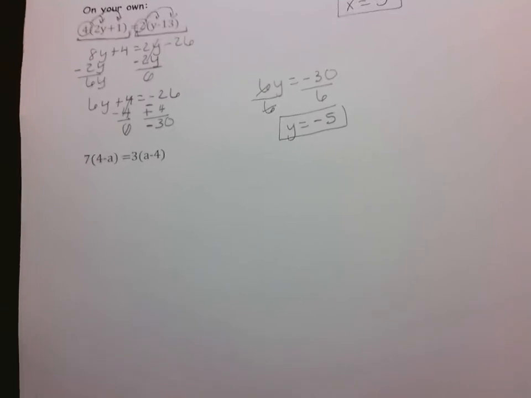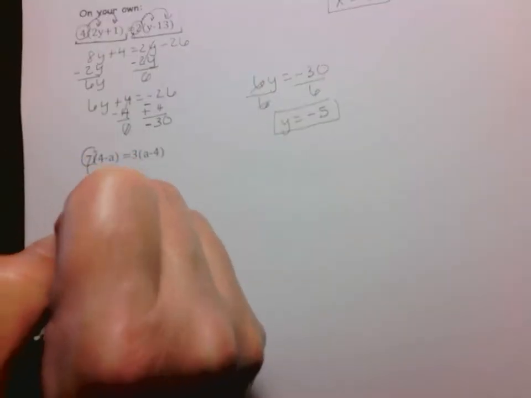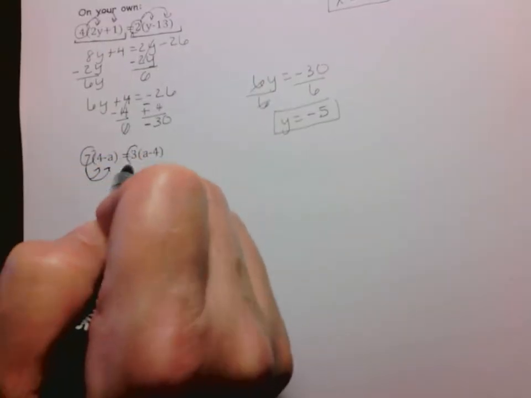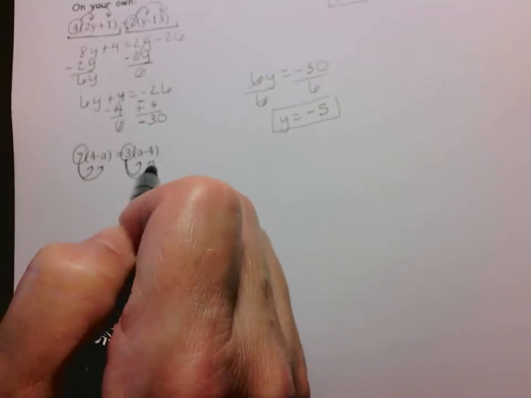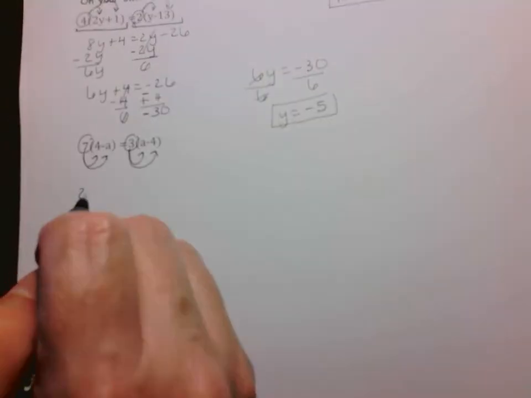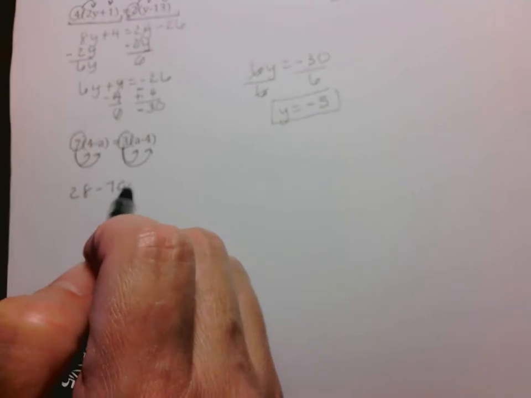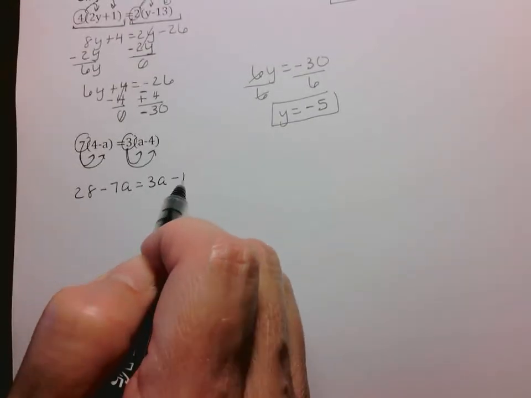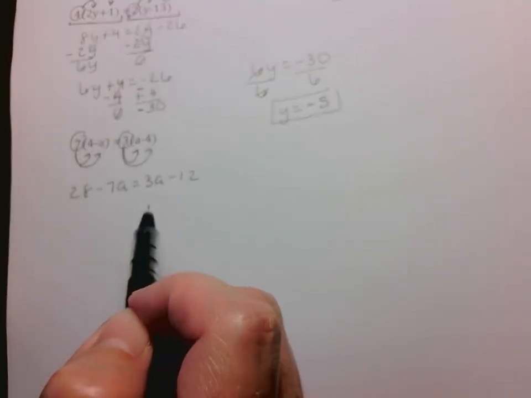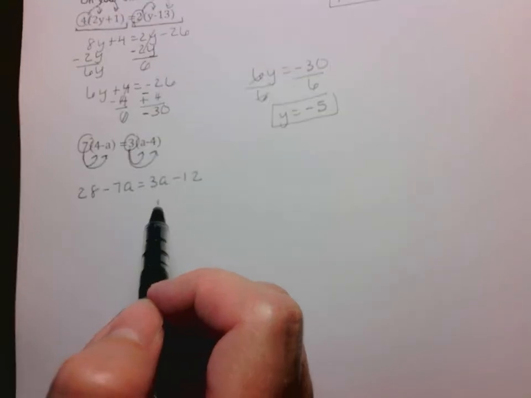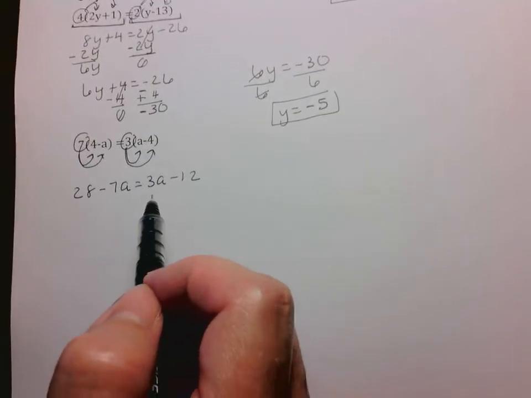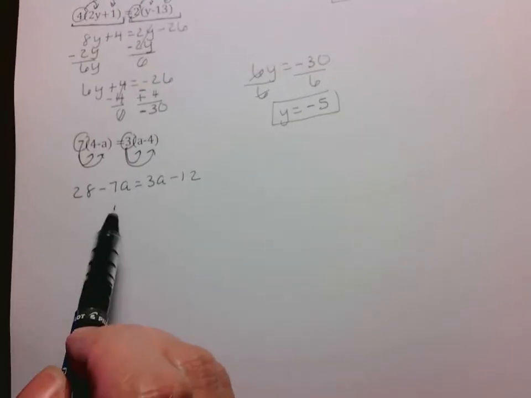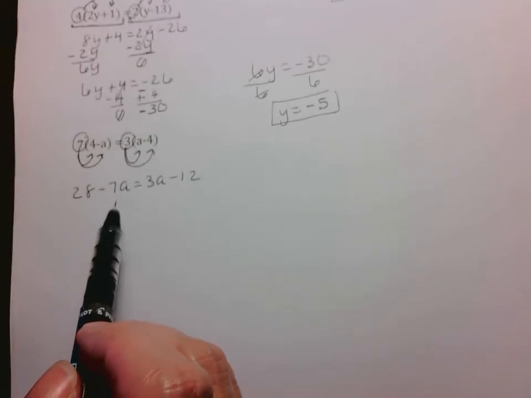Okay, I want to simplify this side, so I'm going to distribute out the 7. And then I want to simplify this side, so I'm going to distribute out the 3. Now look at this. You can solve this by subtracting 3a from both sides, or you can solve this by adding 7a to both sides.